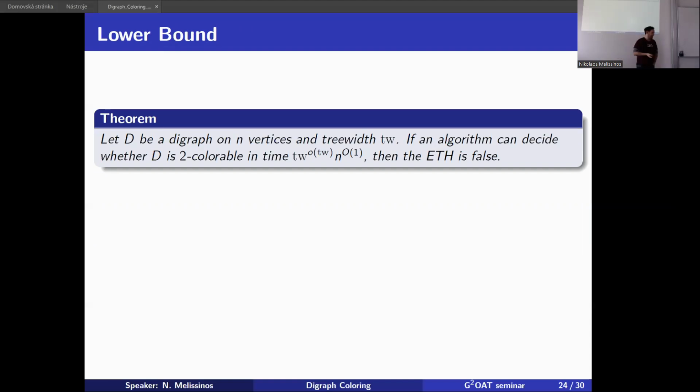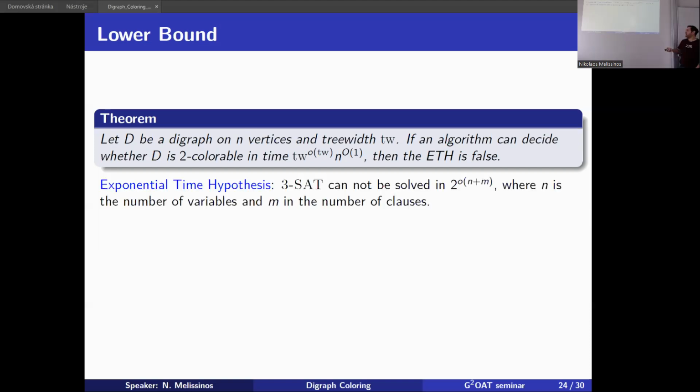Even if we consider two-coloring, we managed to show that there is no algorithm that runs in treewidth to the power of small o of treewidth unless the exponential time hypothesis is false. And for those that don't know, the exponential time hypothesis says that 3-SAT cannot be solved in 2 to the small o of m plus n. Not exactly this, but this is enough for us.